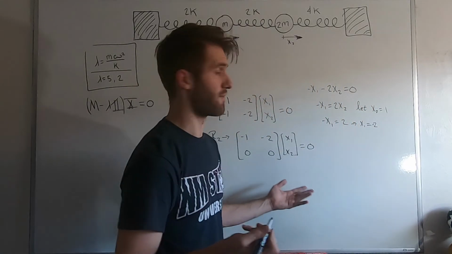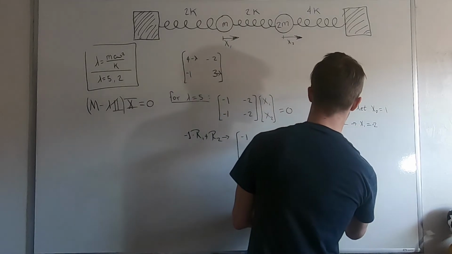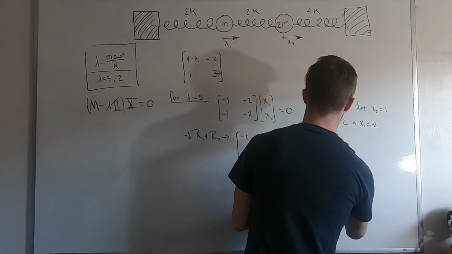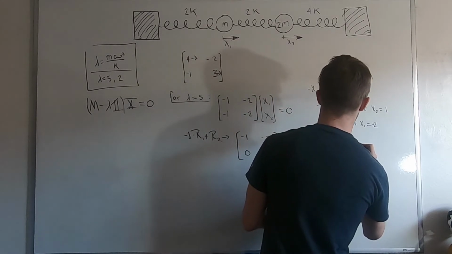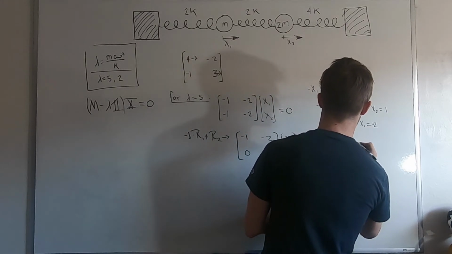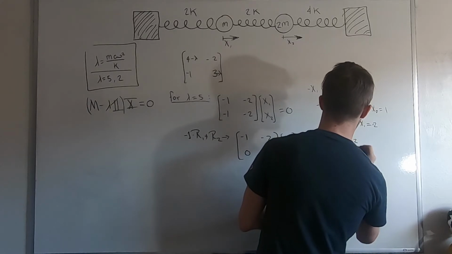So there you go, that's our eigenvector. Our first eigenvector, we'll call it E sub 1, is going to be equal to negative 2 and 1.